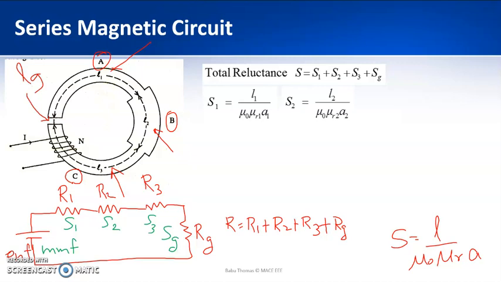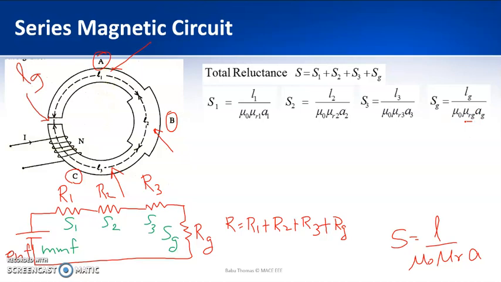S2 will be L2 divided by mu 0 mu r2 into A2. S3 will be L3 divided by mu 0 mu r3 into A3. And Sg will be equal to Lg divided by mu 0 mu rg into Ag. Since it is an air gap, the relative permeability of the air gap is 1, so this factor we can write as 1.